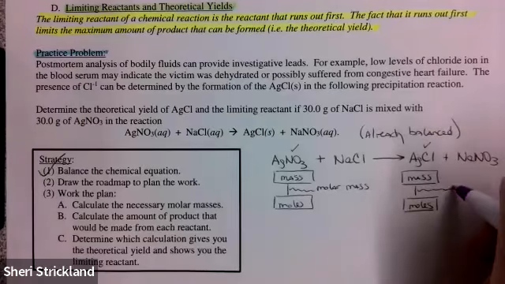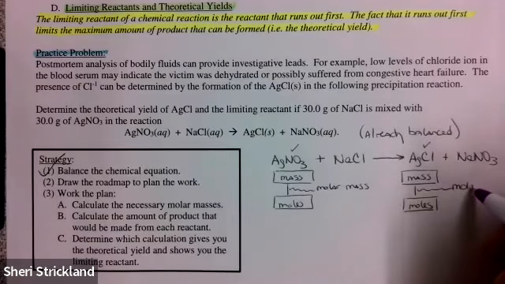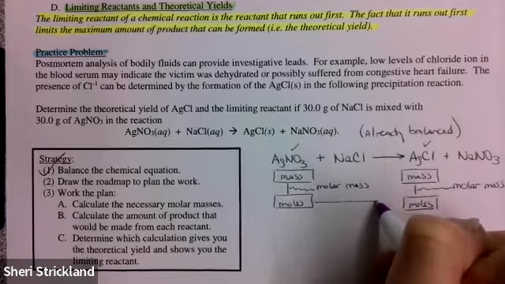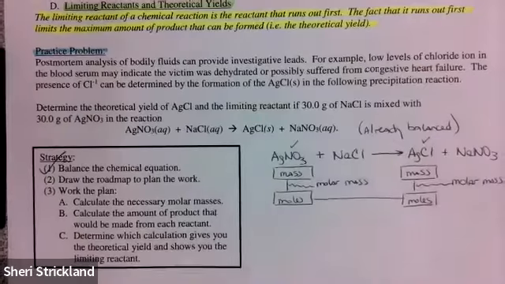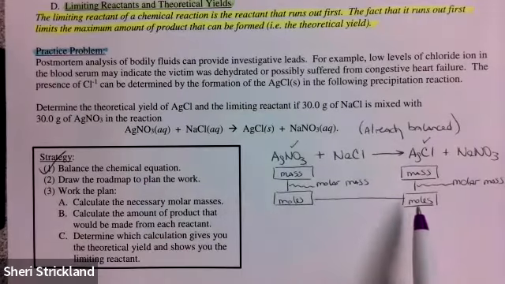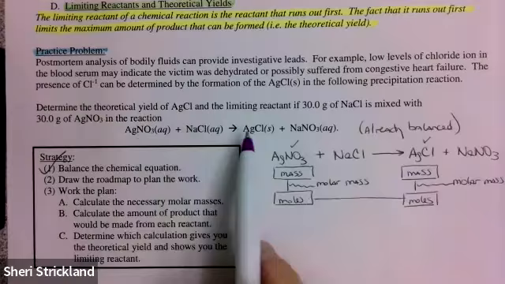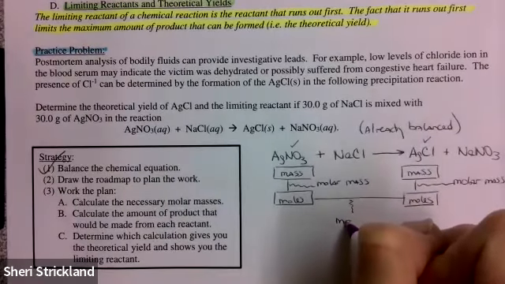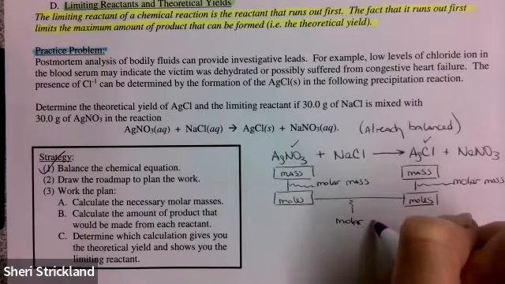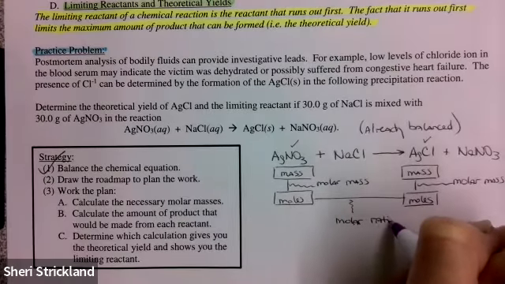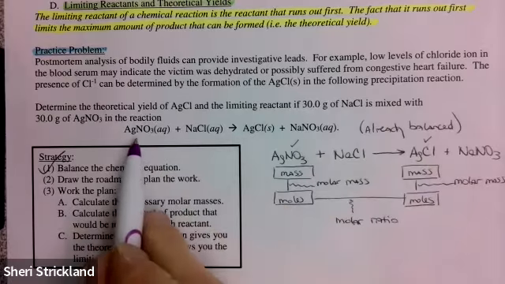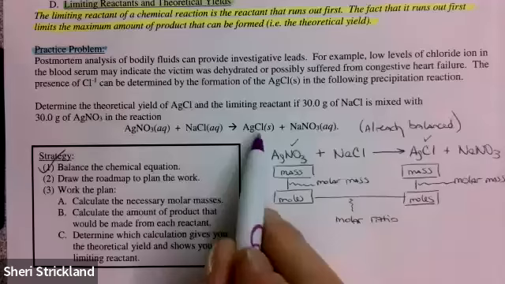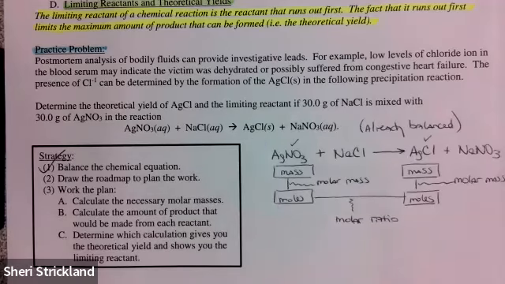You can do that if you needed to for silver chloride. Now, the connection in any chemical reaction is between the number of moles, which is revealed by the coefficients in the balanced equation. So the molar ratio, that is, how many moles of one thing does it take to make, say, the product, like in this case, the molar ratio is it takes 1 mole of silver nitrate to make 1 mole of silver chloride.